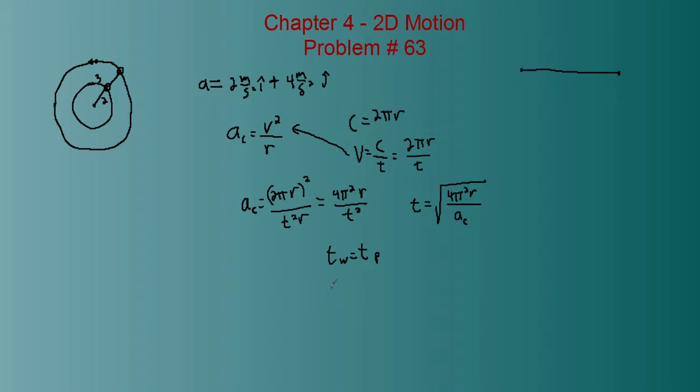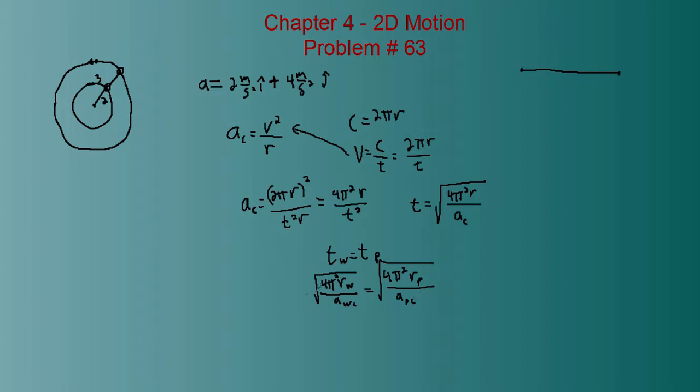So essentially, the square root of 4 pi squared r of the wallet over acceleration centripetal of the wallet equals the square root of 4 pi squared r of the purse over a centripetal of the purse.